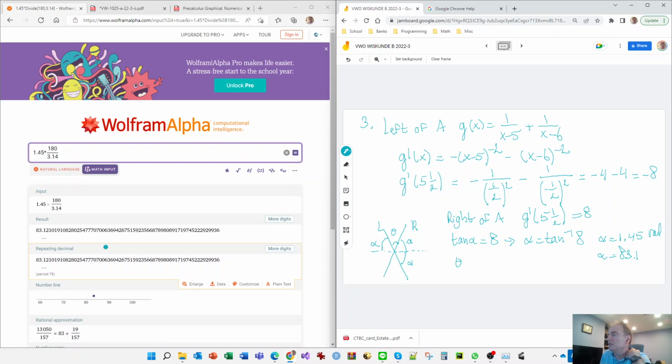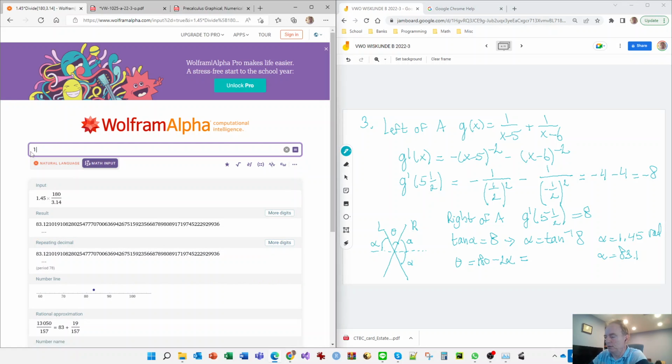And this is the straight angle rule. So you get theta is 180 minus 2 alpha. Alpha is 83.1, so 180 minus 2 times 83.1.